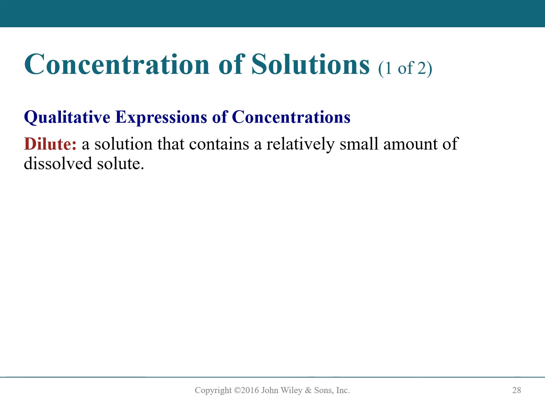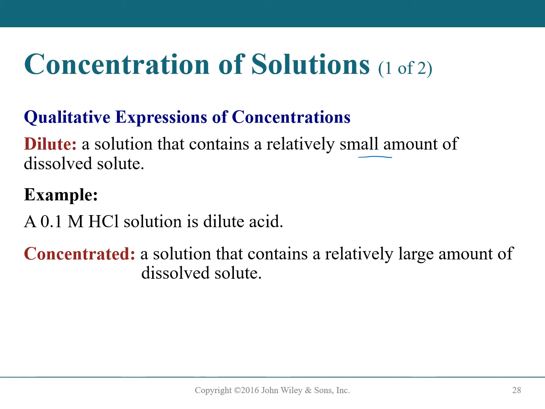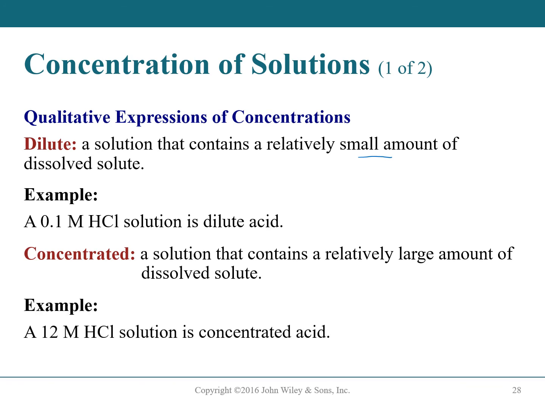Okay, so let's talk a little bit about how we can describe solutions. One way is with qualitative expressions, such as this is a dilute solution, or this is a concentrated solution. A dilute solution has a small amount of solute dissolved in it. A concentrated solution has a relatively large amount of solute in it.